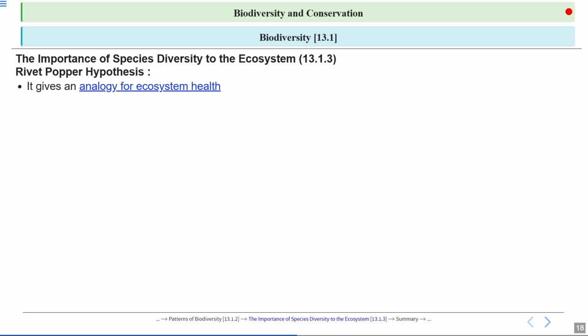The rivet popper hypothesis gives us an analogy for ecosystem health. This idea was introduced by Paul Ehrlich, a well-known ecologist from Stanford. Now let's talk about this analogy.